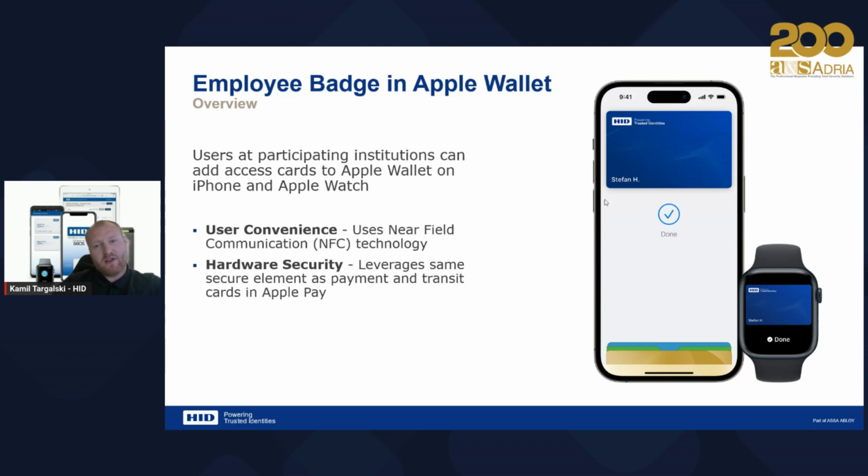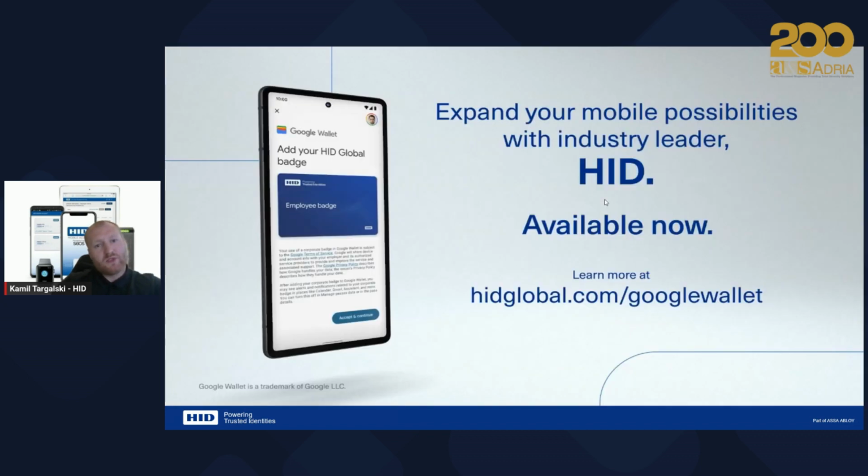By doing that, we have access to NFC chips, so we can leverage NFC communication instead of BLE, like it was done before. We are also using the same secure element as payment and transit cards in Apple Pay, so the whole ecosystem is more secure. For Android users, we can support Google Wallet in several weeks.